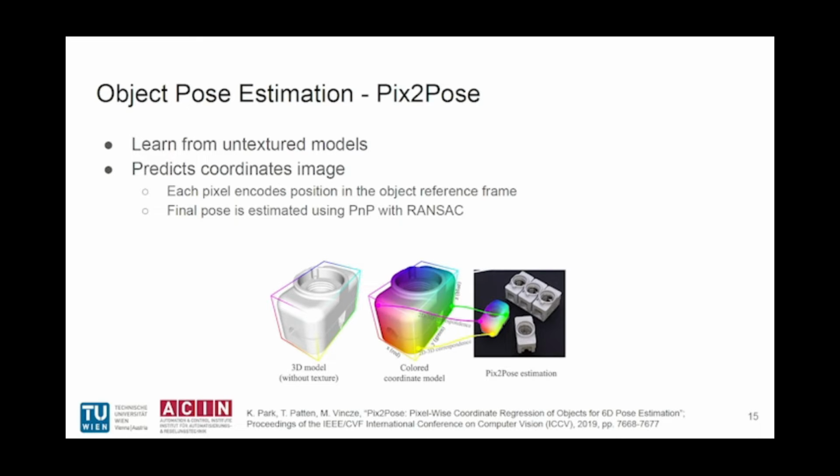So once you have that set of objects, the goal of this method is to learn these 3D correspondences directly in RGB space. For any given object in the scene, what you will be trying to predict is not directly its pose, but for every pixel, the position of that pixel in the reference frame of the 3D object model.